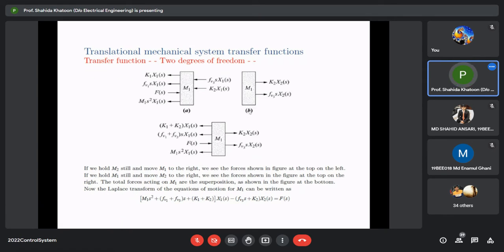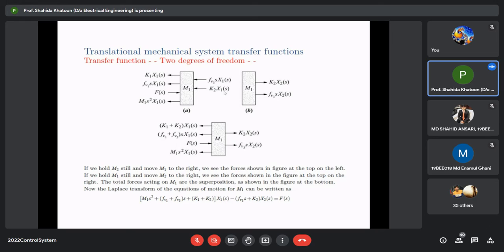If you write the free body diagram, you can see there is an external force applied to M1 in this direction. Due to this, a reaction force will be developed: K1X1(s), Fv1sX1(s), and M1s²X1(s). And because this is a connected system, we will have Fv3sX1, K2X1(s).